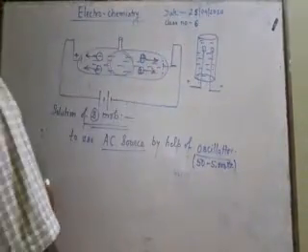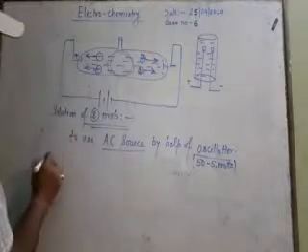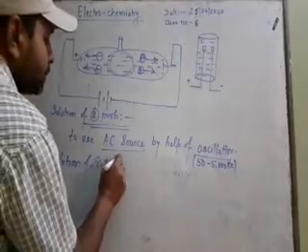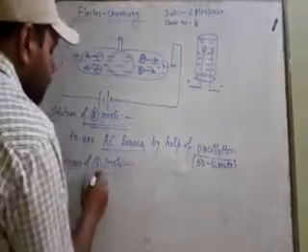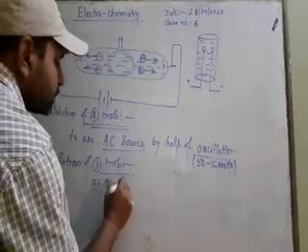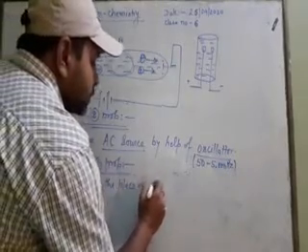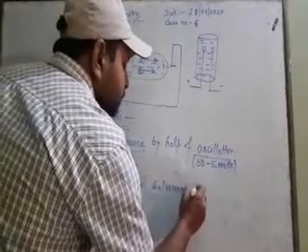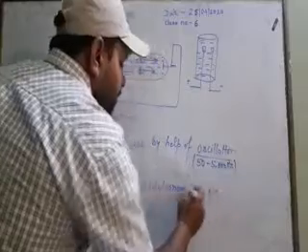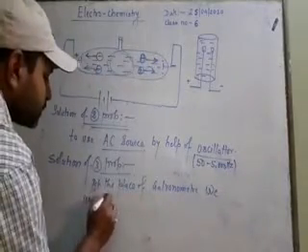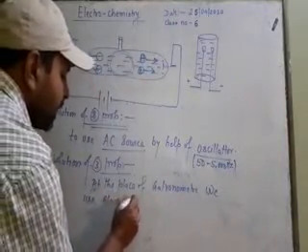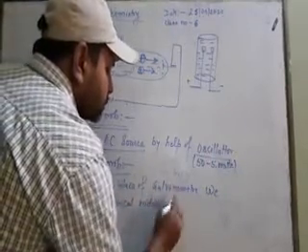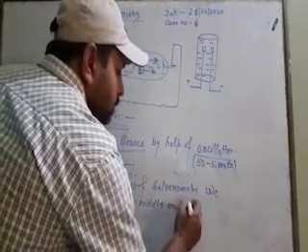And students, the solution of the third problem: in place of the galvanometer, we use an electrical needle, also known as a jockey.